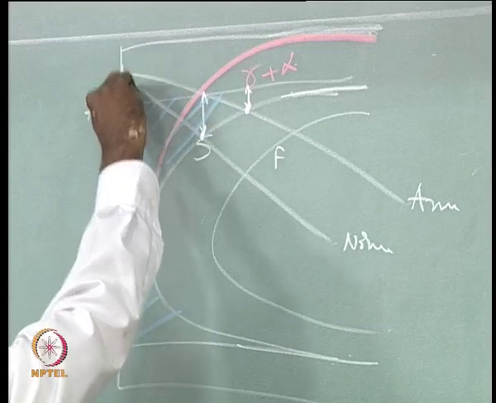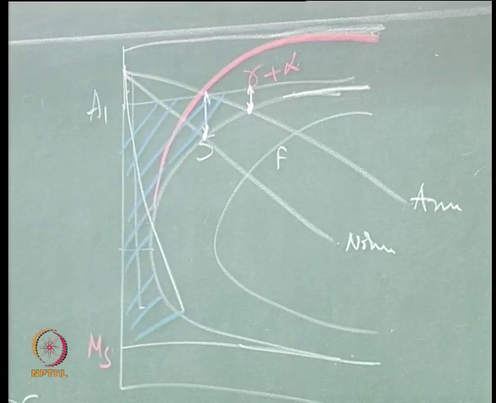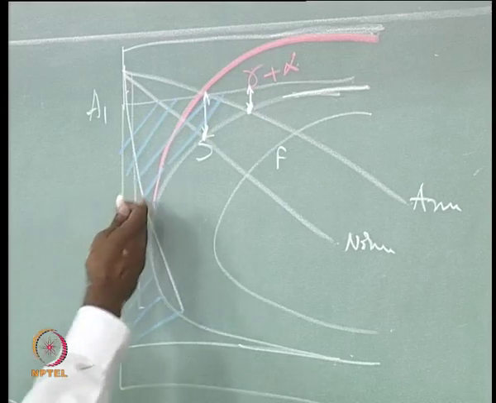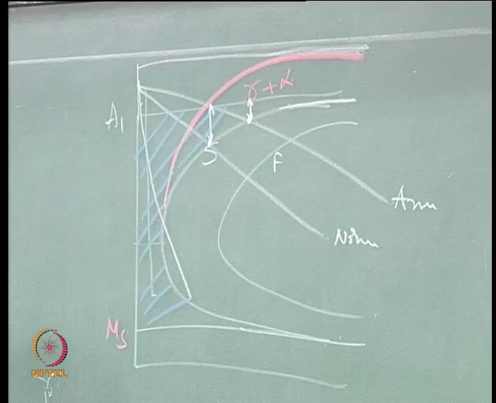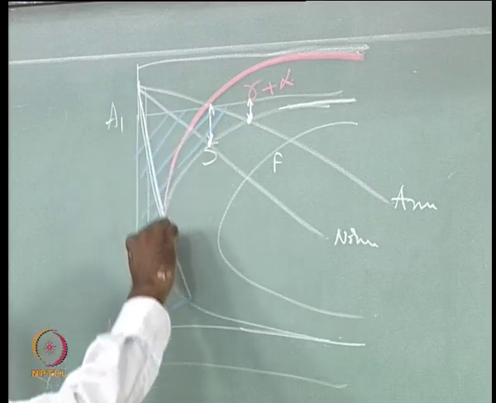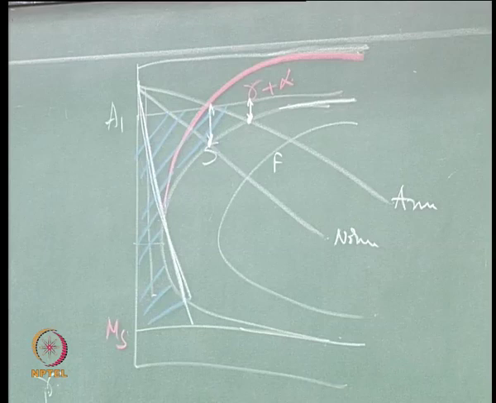For example, if I use a cooling rate something like this, you do not intersect this alpha plus gamma region at all. The alloy which you are cooling like this would not give you any proeutectoid phase, it will straight away give you some pearlite.